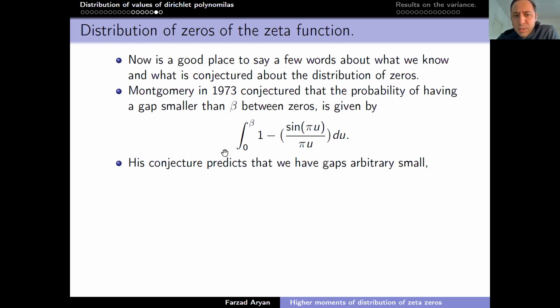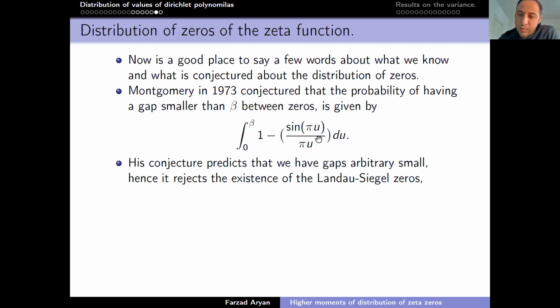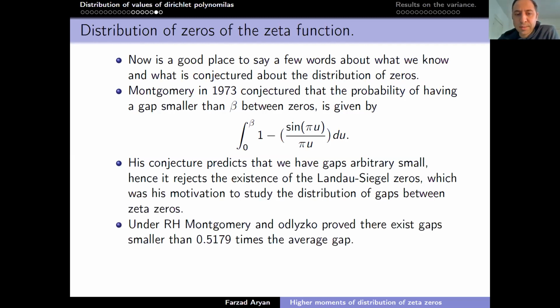The important thing about his conjecture is that gaps get arbitrarily small, with low probability. Therefore, he would reject the existence of lambda equals zero, as I said, and that was his motivation for looking at that.